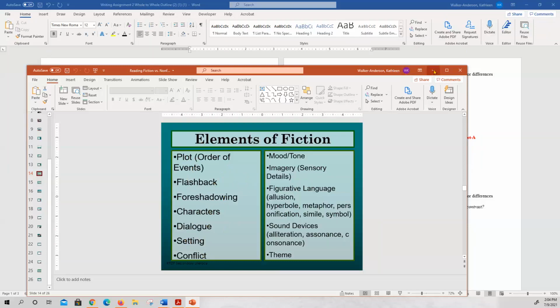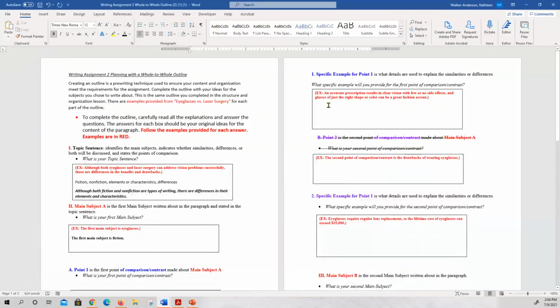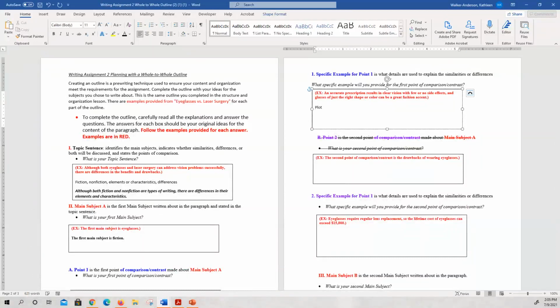So the elements of fiction that I'm going to talk about, the first one is going to be plot. And right now, I'm not writing out complete sentences. I'm just going to take some notes. So plot, the order of events that take place in the story.